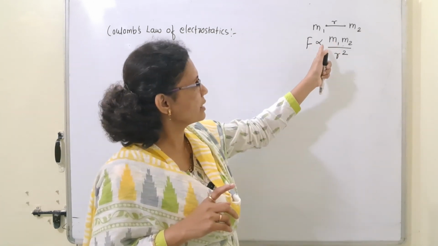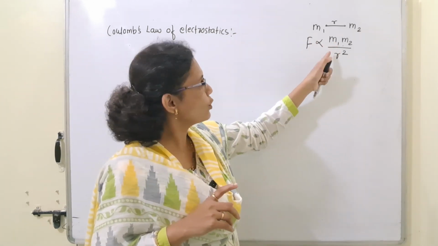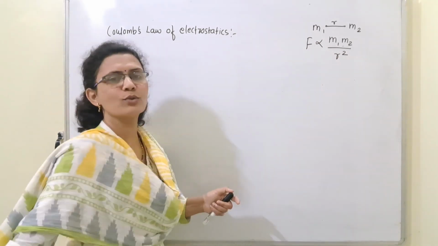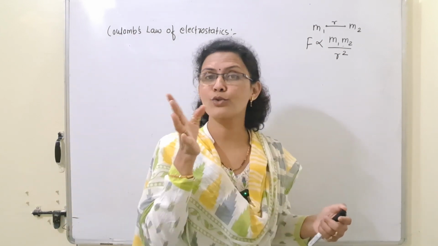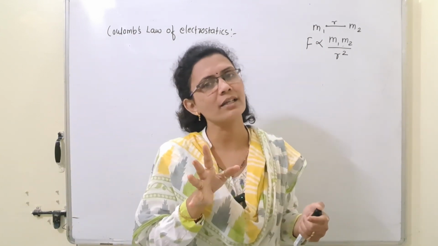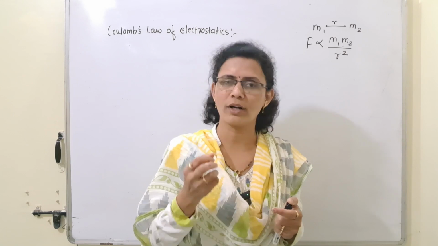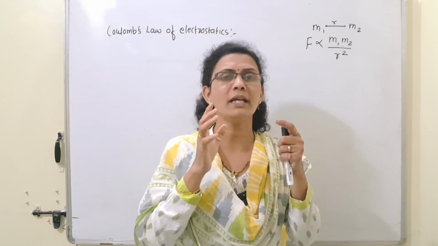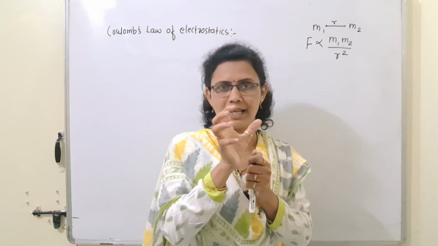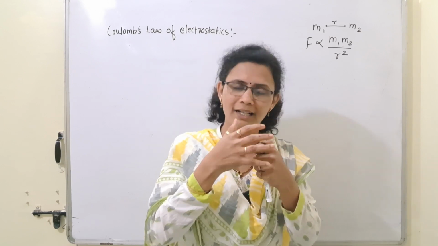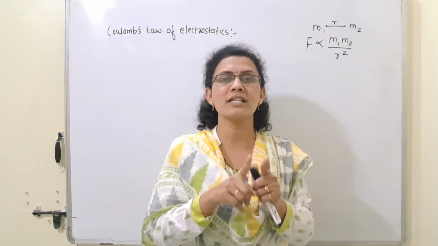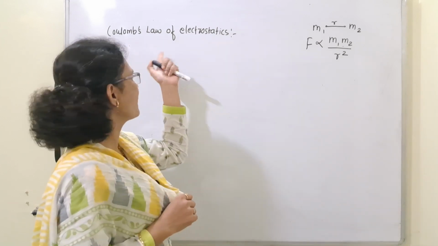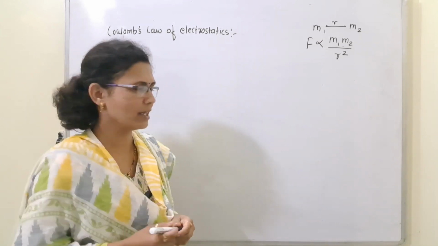The force of gravitation is only a force of attraction, but in this case we are going to see two types of forces, attraction and repulsion. Like charges repel each other and unlike charges attract each other. About that only we are going to see Coulomb's law of electrostatics.